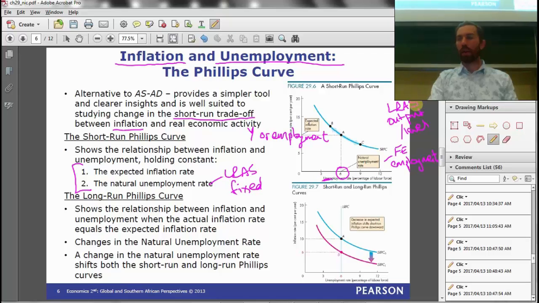Okay, long run aggregate supply output level. That's what the natural rate of unemployment means. So if we're at point A, okay, our expectations are fixed, we can end up at a position like point B.